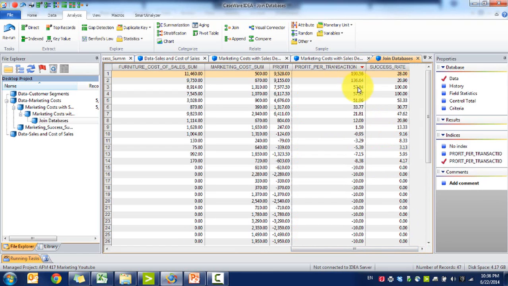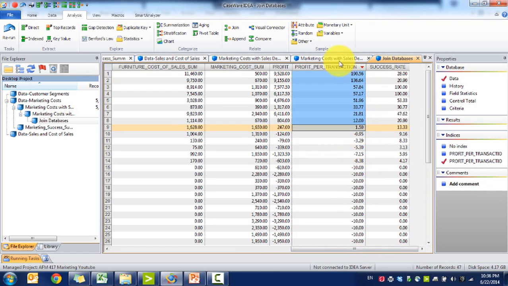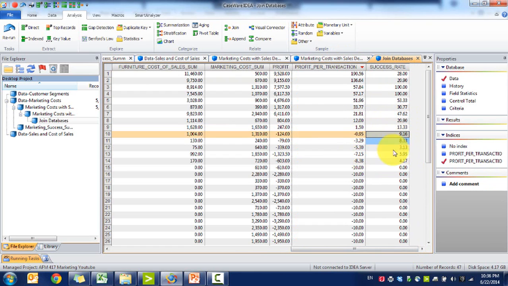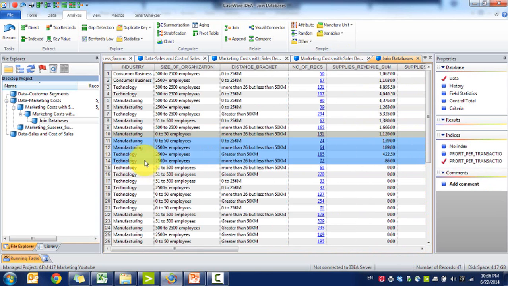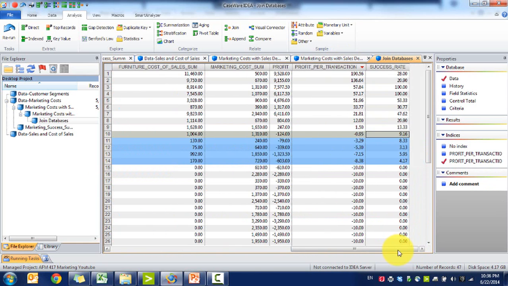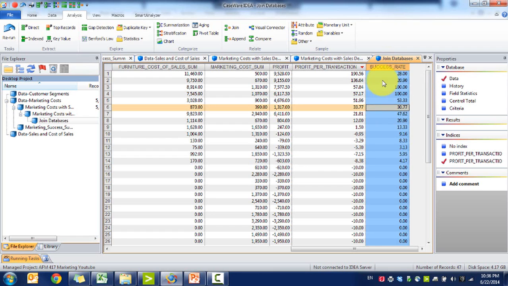So we can see we only actually have a few profitable customer segments, and even though we have a success rate on some of these, particularly within other technology manufacturing, they actually have a negative profit per transaction. So just be a little bit careful there.